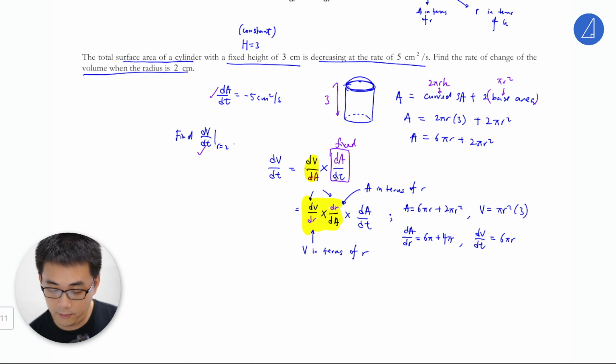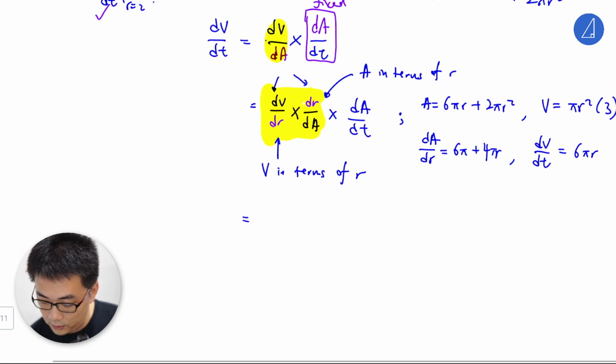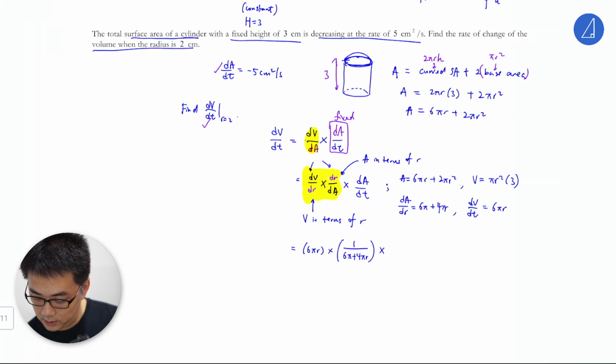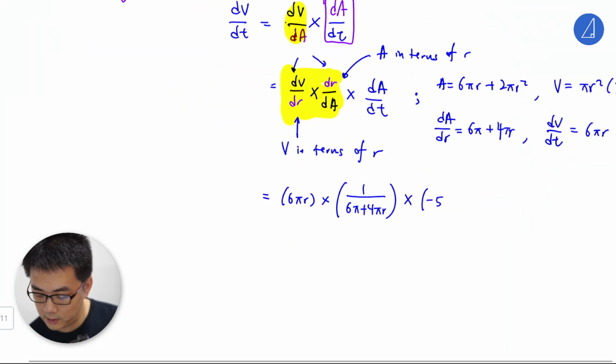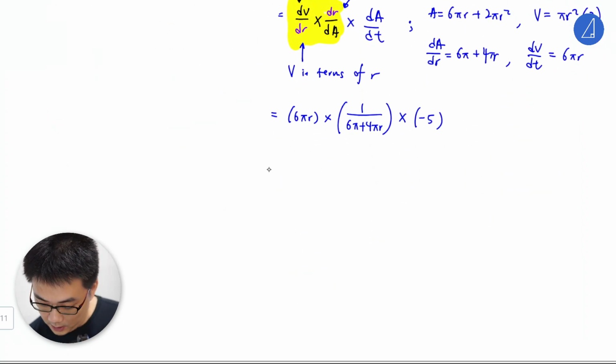Once you're done, dV/dr you know is 6 pi r, dr/dA is 1 over (6 pi plus 4 pi r), and dA/dt is just minus 5.